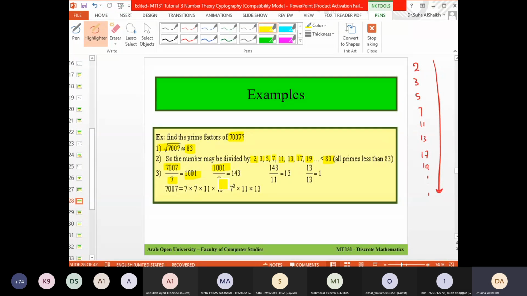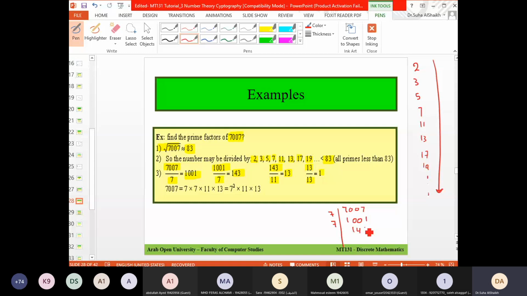Again, it is divisible by 7, and the result is 143. 143 is divisible by 11, the result is 13. 13 is divisible by 13, and the result is 1. This is as if we do it this way. We have 7007, it's divisible by 7, and the result is 1001, divisible by 7.